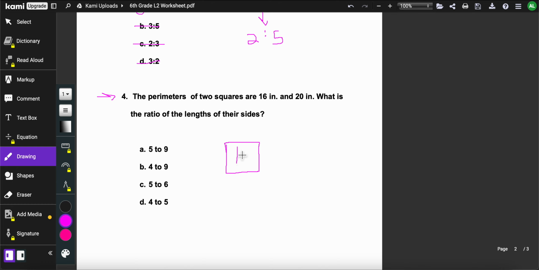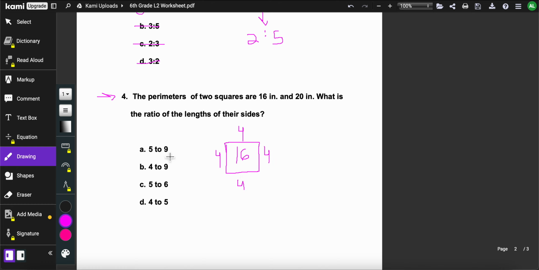If you don't know what perimeter is, it's when you add up the length of each side of the square. So if this was 2, it would be 2 plus 2 plus 2 plus 2, and that would be 8. But here, we have 16, and we have 4 sides because it's a square, 4 equal sides. So 16 divided by 4 would just be 4. So each side would be 4.